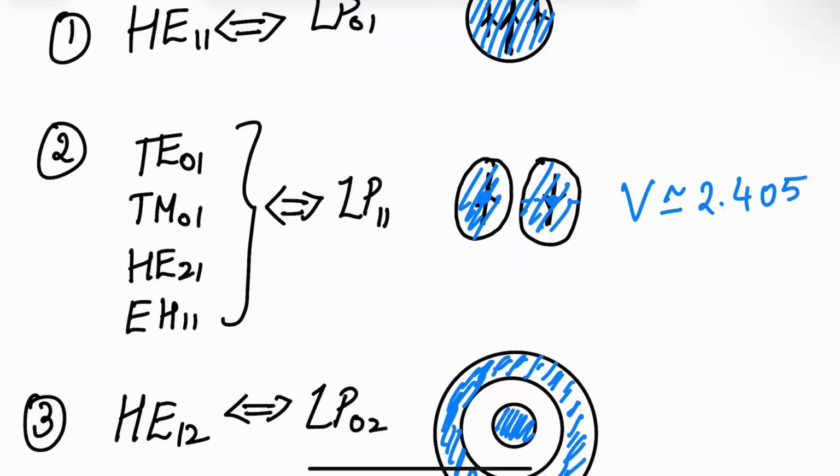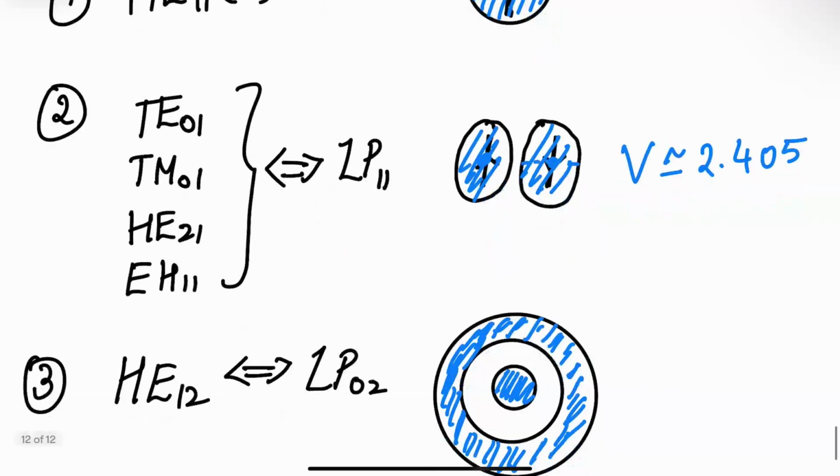Okay, so given a certain fiber optic cable, you calculate the V number as a function of wavelength, and you see that the wavelength at which the V number reaches 2.405 is the smallest wavelength until which you have fundamental mode propagation. Once you're at a wavelength where V reaches 2.405, the first higher order mode, which is LP11, will start propagating, and then you don't have a single mode fiber anymore.